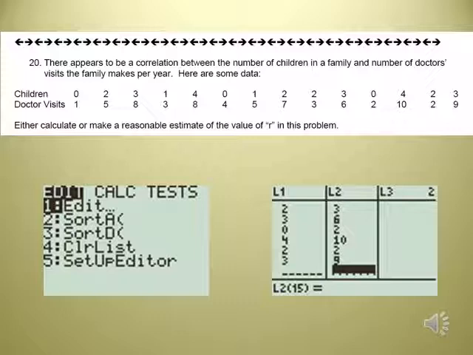Like you can see the last few of those, I had 4, 2, and 3 children. Basically, I'm copying the list, but I'm going down instead of across. In list 2, I put the number of doctor visits that each family had. Like the last 3 numbers there are 10, 2, and 9.